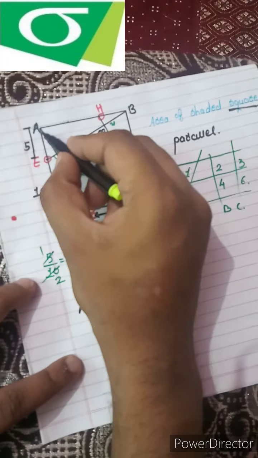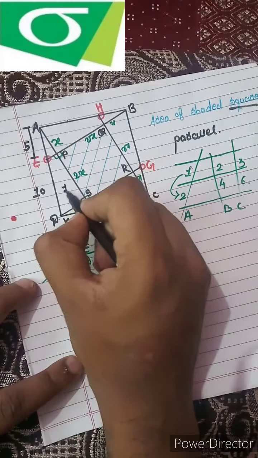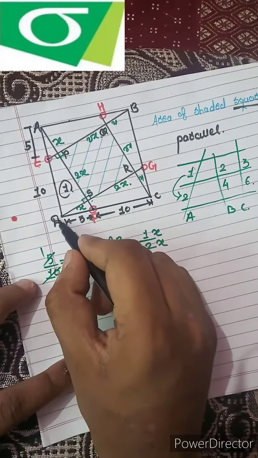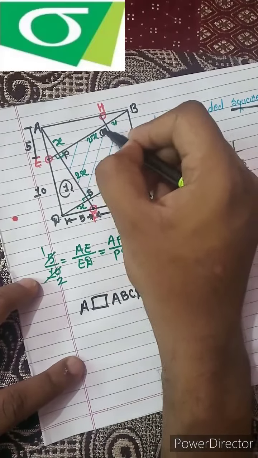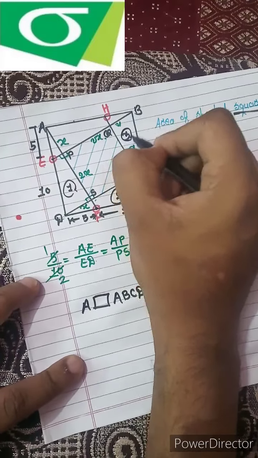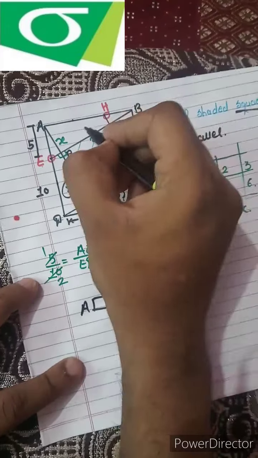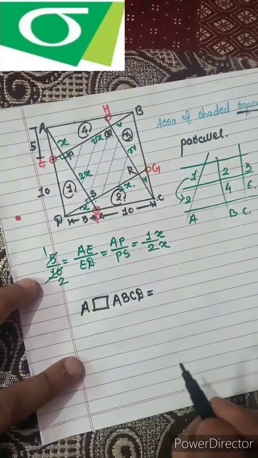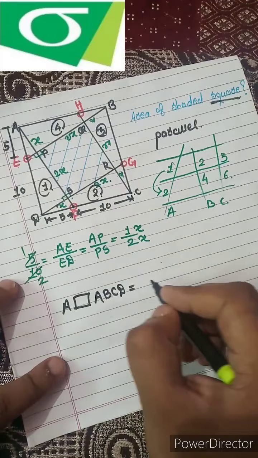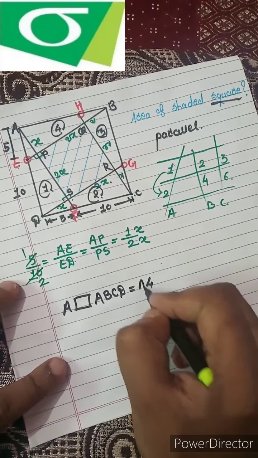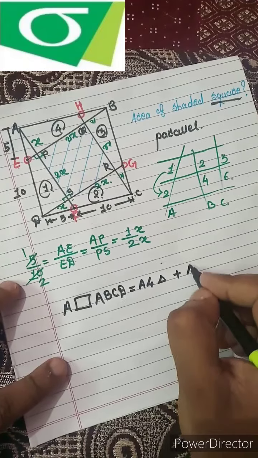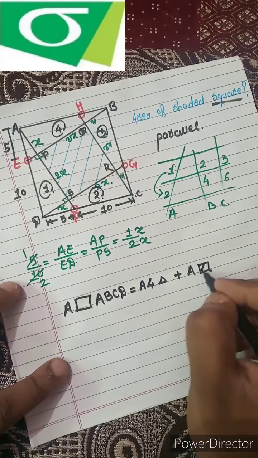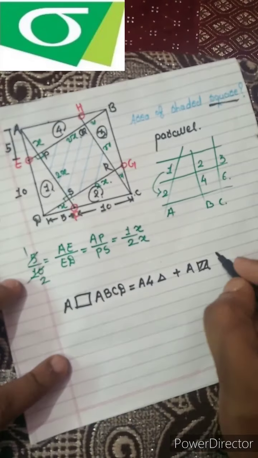Here observe, ABD is one triangle, DRC is the second, CQB is the third, and AEB is the fourth triangle. So it is the area of the 4 triangles plus the area of the shaded region square, which is PQRS.